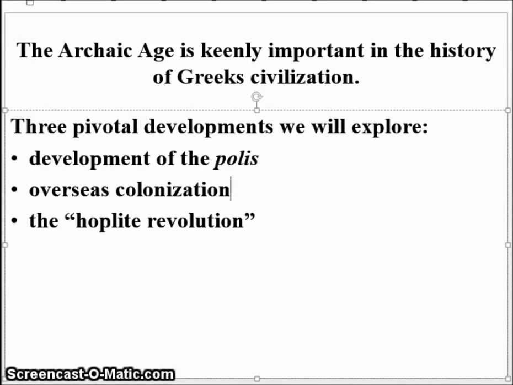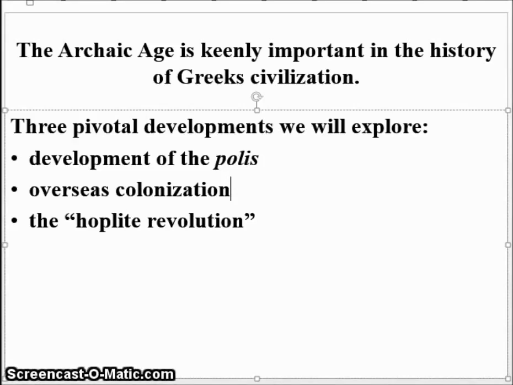And in this unit, we'll look at three pivotal developments. We will look at the development, first of all, of the polis as a means of organizing societies politically, culturally, and economically. And the polis, the term itself meaning city-state, will be the building block by which the Greeks will organize themselves for the next several centuries.